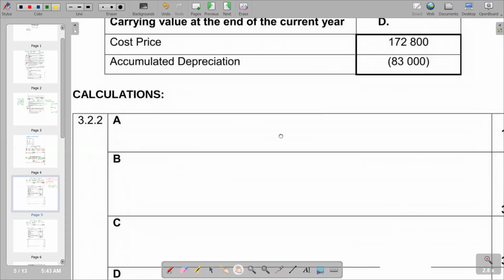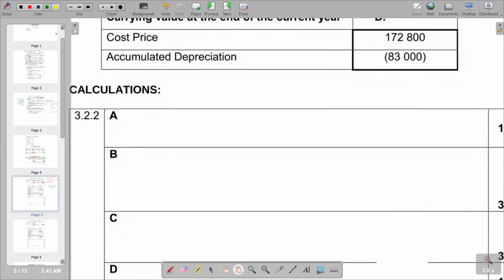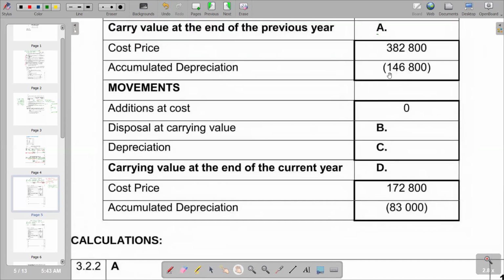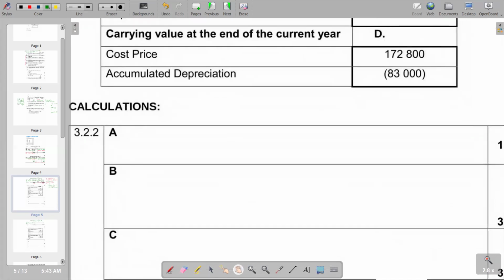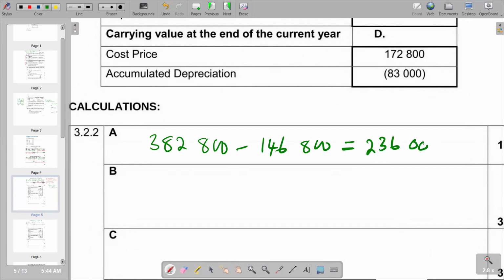We are supposed to show the calculation here, whereby if you check here, we are saying 382,800 minus 146,800 to get our A. So we just summarize that in this row by saying 382,800 minus 146,800, and then we get 236,000. So this is what we have.